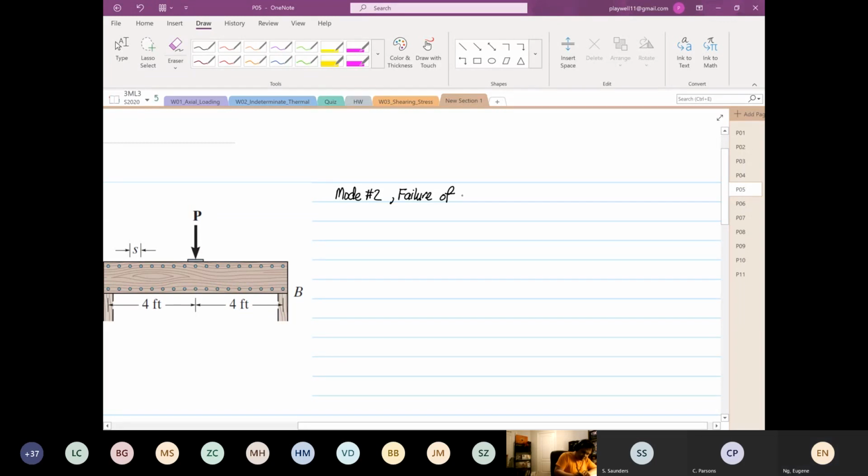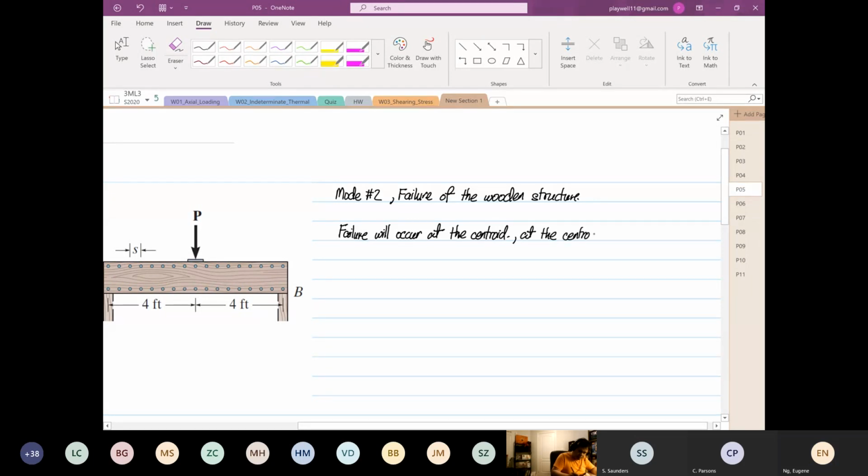And we are aware that the failure will occur at the centroid. Why at the centroid? Because at the centroid is where tau max will occur.